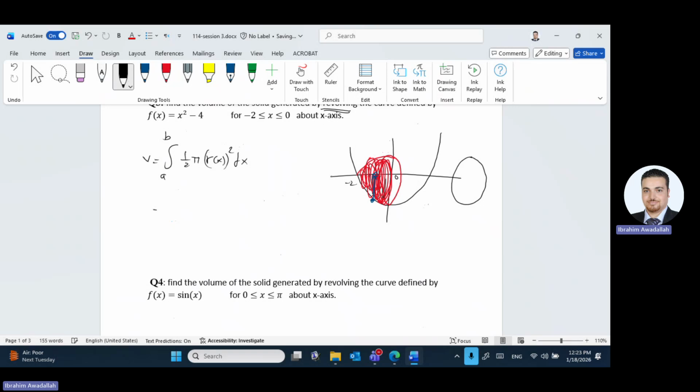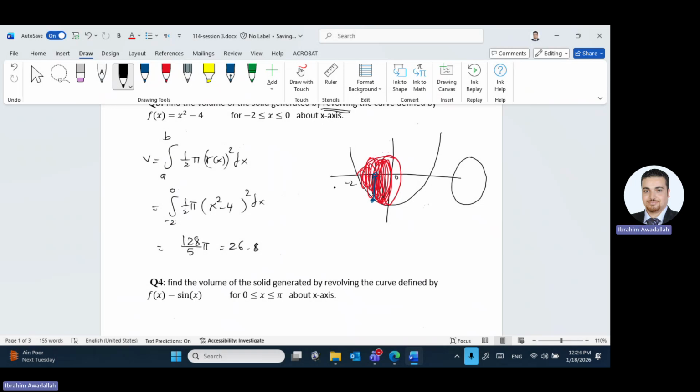So the integration will be from minus 2 to 0, pi times my function inside square dx, my function x squared minus 4. Catch your calculator, put this in your calculator. I believe the answer will be 128 divided by 5 pi, which means 26.8.